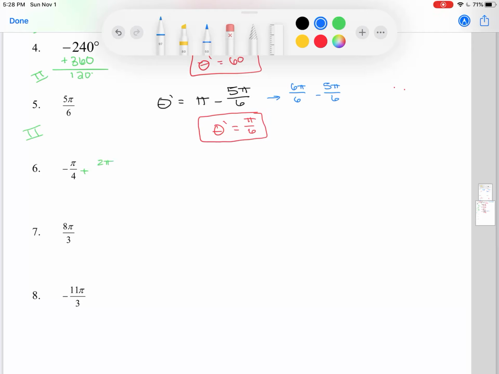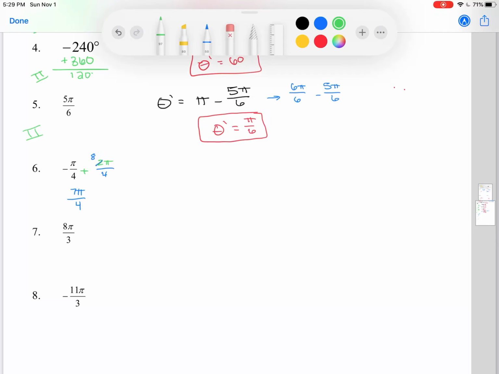Negative pi over 4, we don't like negatives, so we have to find the coterminal angle, which tells me I need to add a full rotation, and that full rotation is 2 pi, just like in our notes a little bit ago. Well, I have to make it 8 pi over 4.